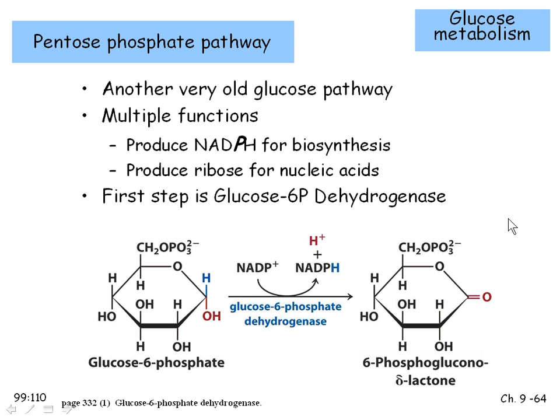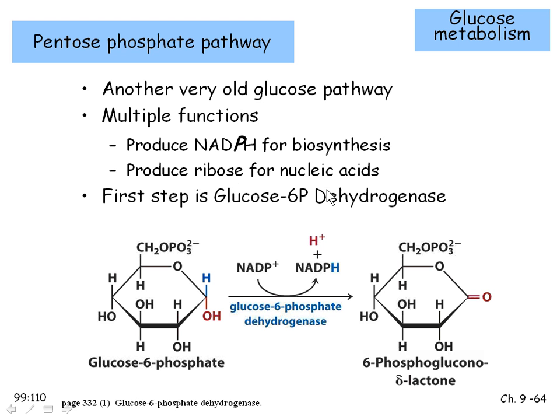One of its important functions is to make NADPH. And NADPH is the form that's often used for biosynthesis, in contrast to the NADH, which we were making in glycolysis, that could be used for energy. The other thing that the pentose phosphate pathway is used for is to make ribose, the 5-carbon sugar that we need in nucleic acids.